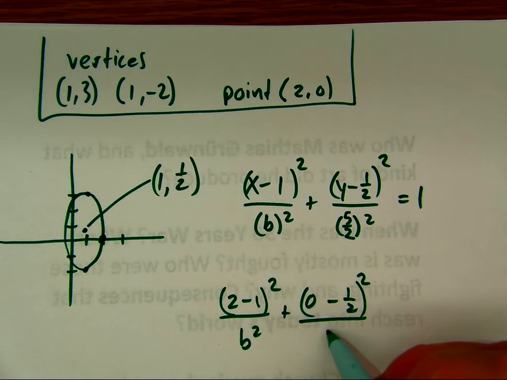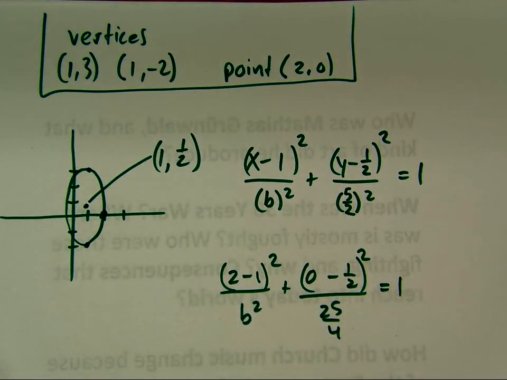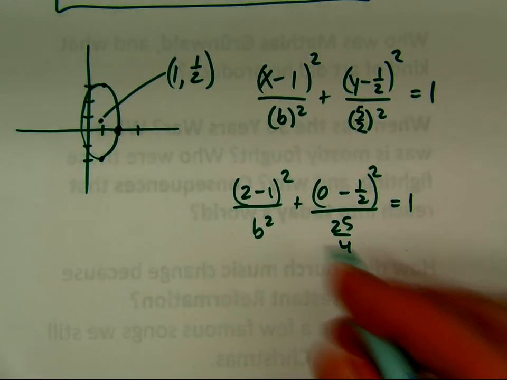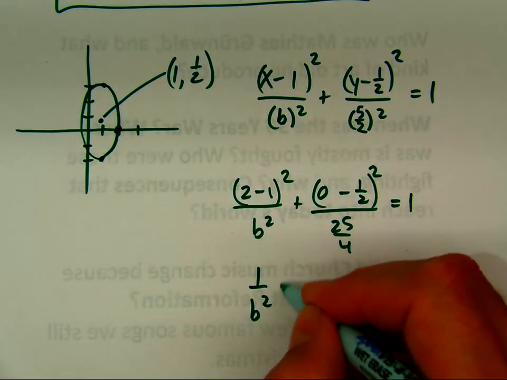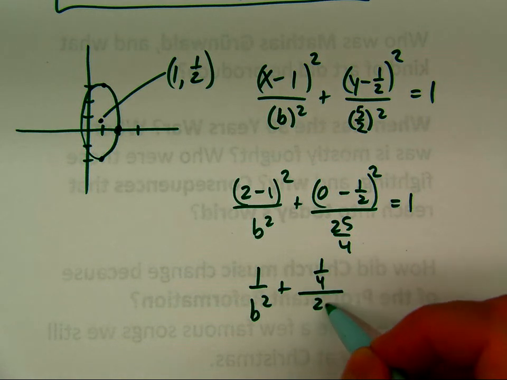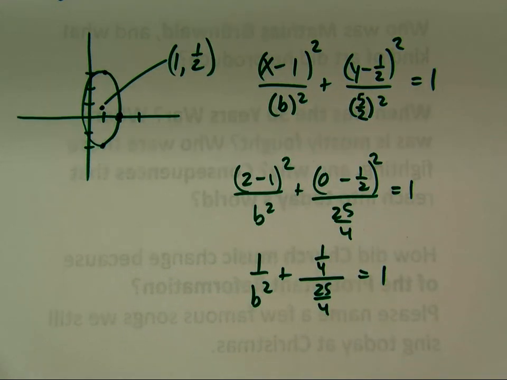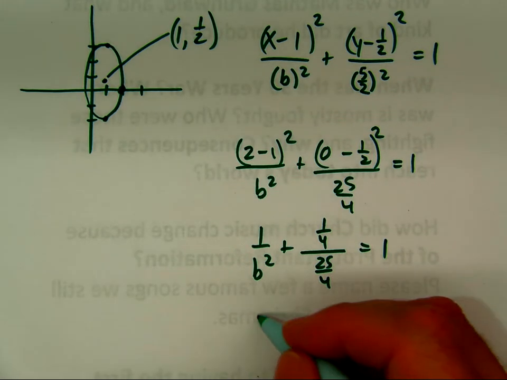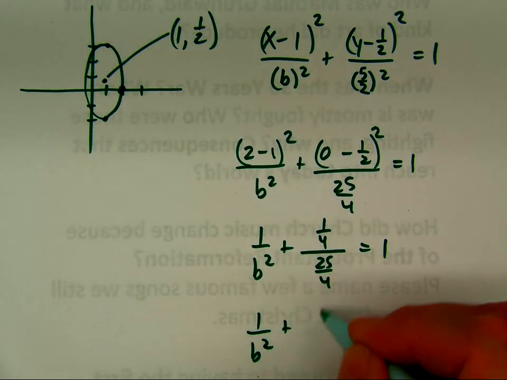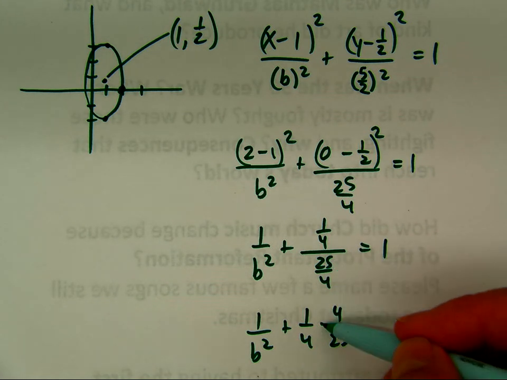(25/4). 2 minus 1 squared gives us 1. And we're going to square that. We get 1/4. 1/4 times 4/25. We're dividing by 25/4, so we multiply by its reciprocal.